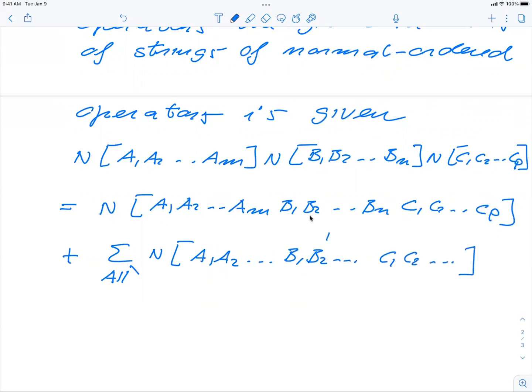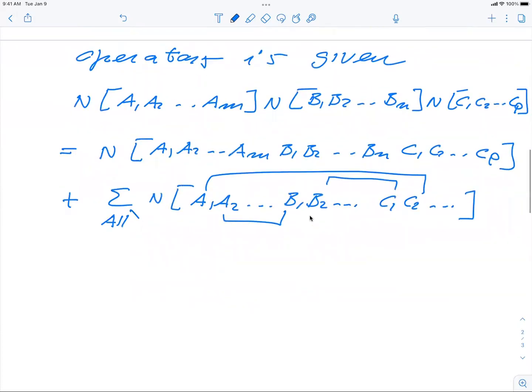So that means that I can only have chains of operators like this. So this could go to that one, etc., etc. So this is an extremely powerful theorem. It's actually a generalization. So the contractions here run only over contractions between operators from different normal order products.